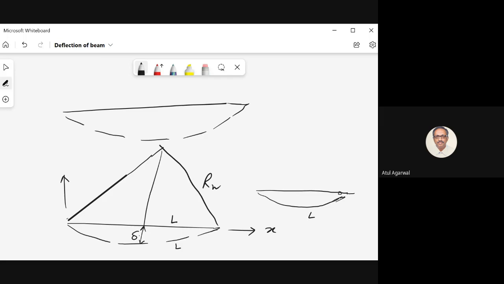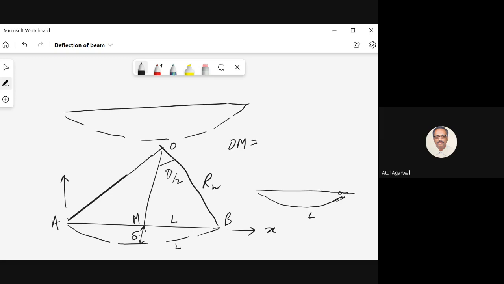How can I find it? This angle is theta by 2. Let's give names: O, M, A, B. What is the distance OM?